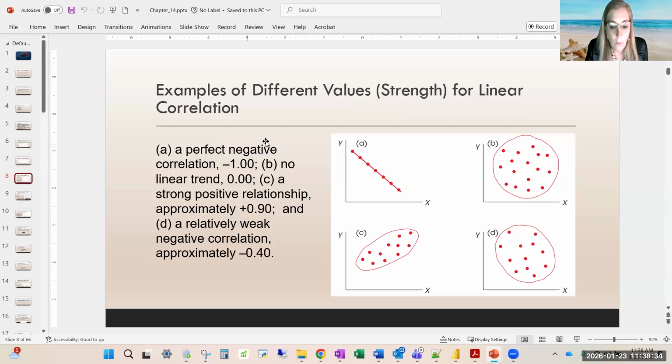Okay. All right. So as far as the strength of the relationship, we can also tell what that is based on what the plot looks like after we've plotted their scores in comparison to each other. If we have a perfect negative or positive correlation, it will look like this graph here.